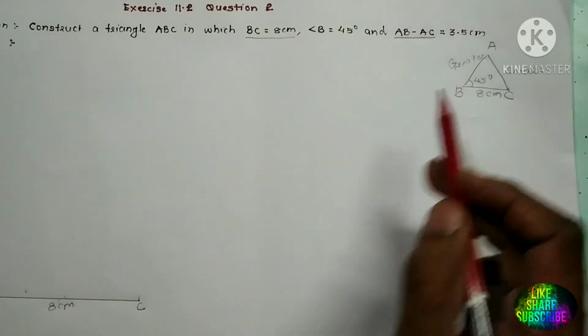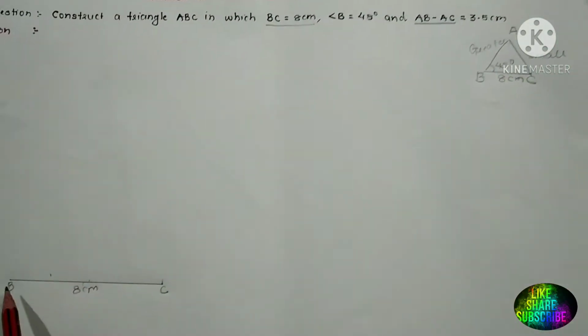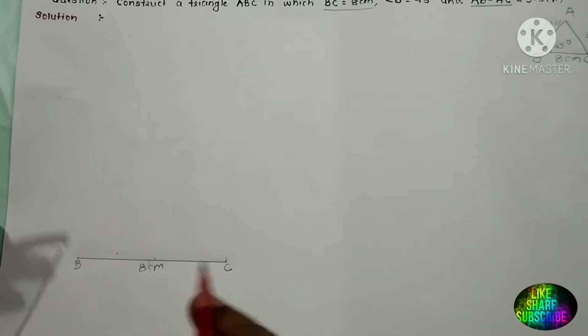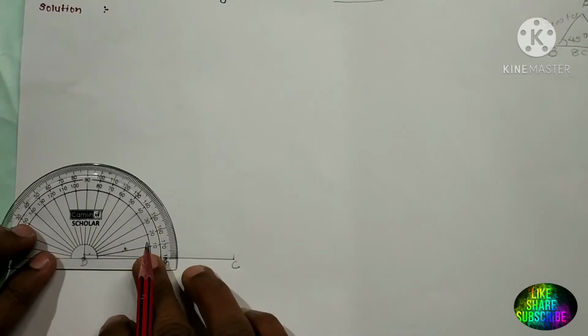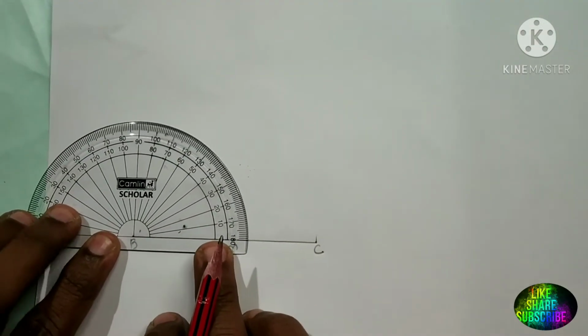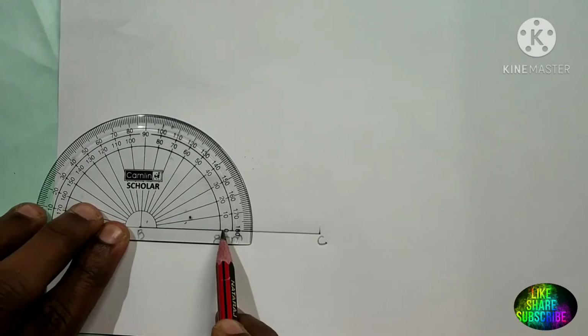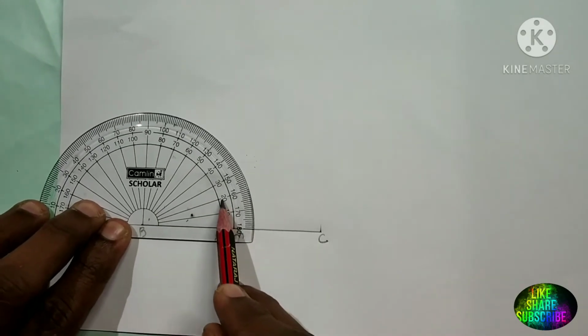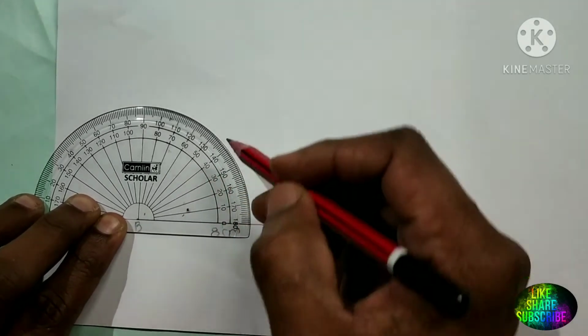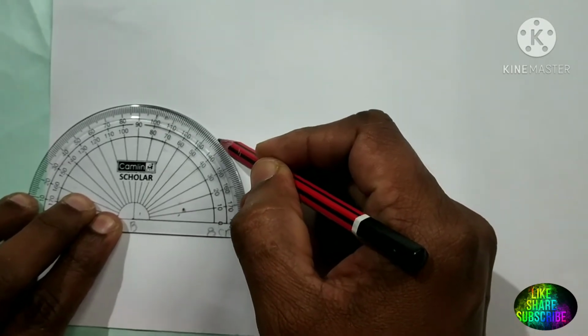Now next you have to draw angle B here. You can use a protractor or compass. Let me use a protractor here. You have to keep the protractor like this at point B. So this is 0, 10, 20, 30, 40. So 45 degrees. So this is 45 degrees.